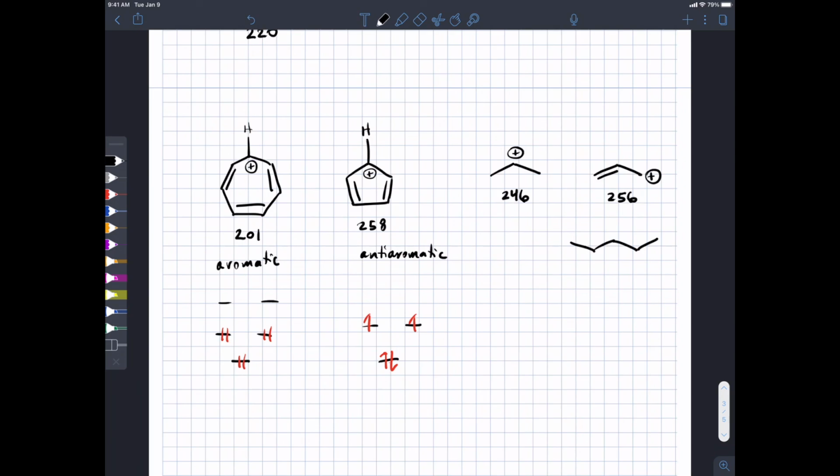Positive charge here. That one is 225. And so, just like you said, when they're antiaromatic, because they want to be more stable, they will distort themselves, right? You can imagine this CH2 group swinging up to be conjugated with one, but maybe not both. Anyway, kind of some interesting effects.